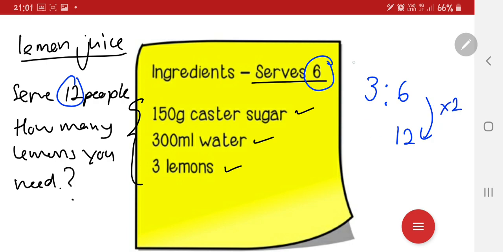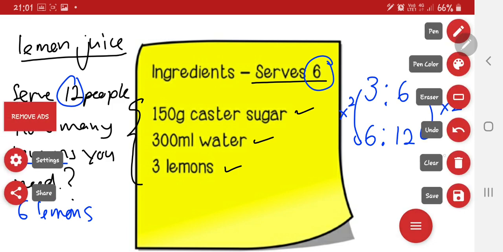The lemons also, you double the value by multiplying by 2. So 2 times 3 is 6. Your answer is 6 lemons. Do not write in ratio form because it's asking only for lemons. Is that clear?